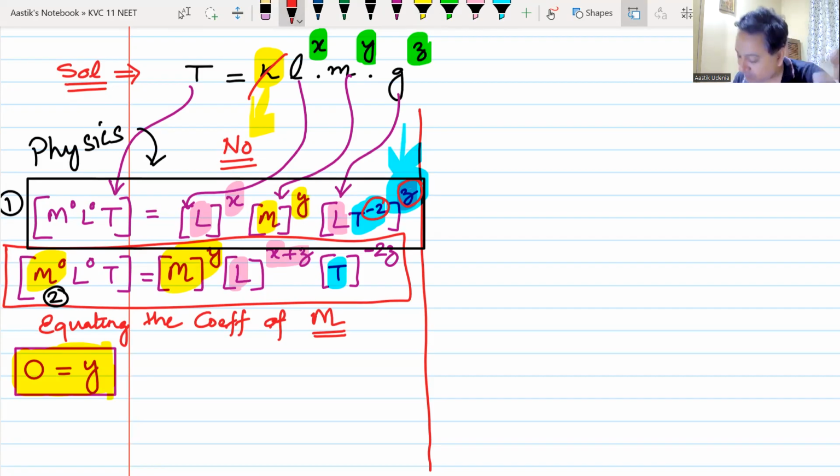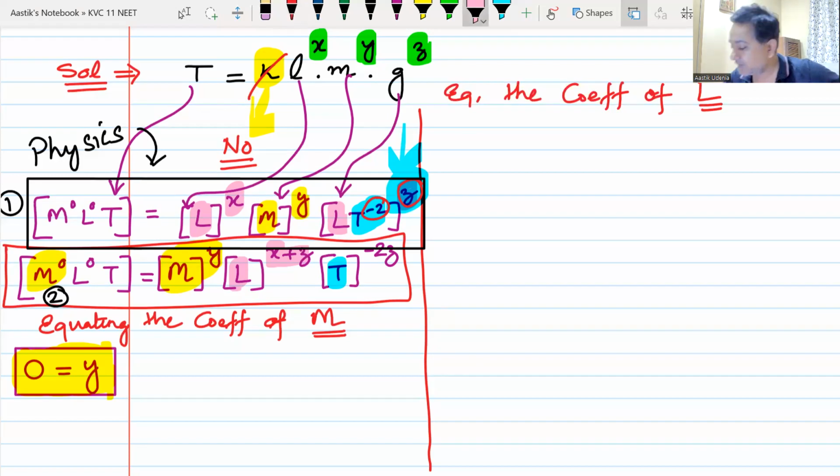Can you tell me what would be the next step? Equating the coefficient of L. Okay, equating the coefficient of L. Now we are talking, and this is how we do things. What is the coefficient of L on the left hand side? 0.